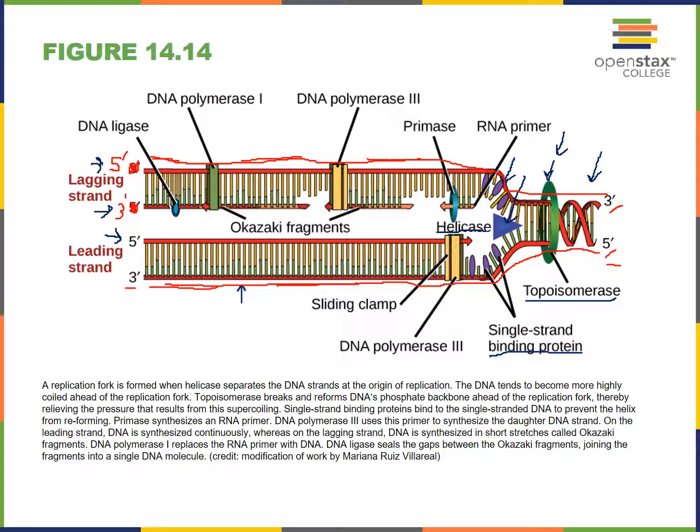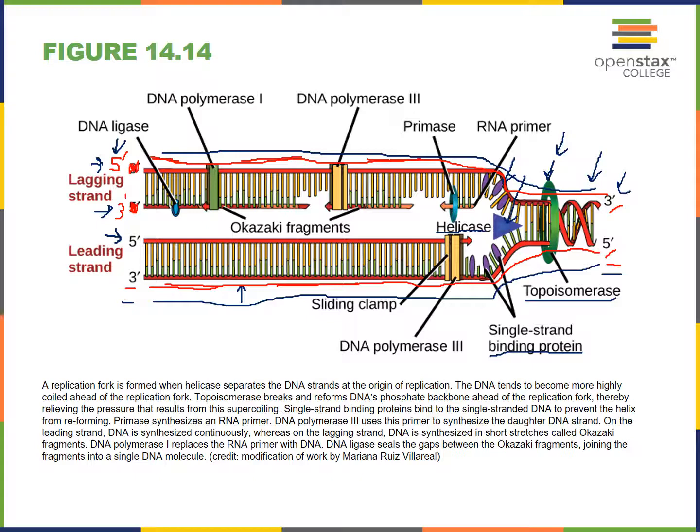Anyway, so let's look at the parental strands. This one out here has 3' on the left, 5' on the right. And this one out here has 5' on the left and 3' on the right. And DNA can only be made 5' to 3'.